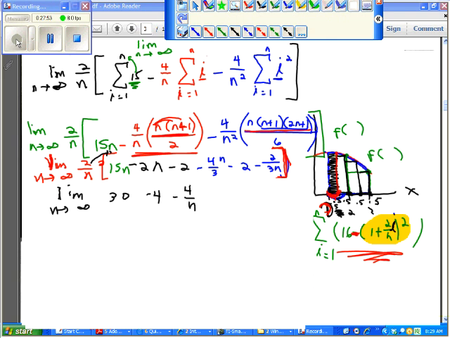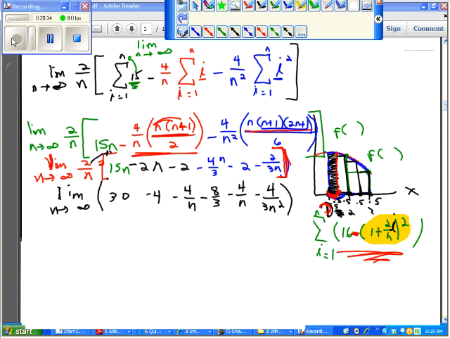We would have an 8 over 3, and the n's go out, so a minus 8 over 3 after that. We would have a minus 4 over n after that. We would have a minus 4 over 3n squared after that. So we got that.